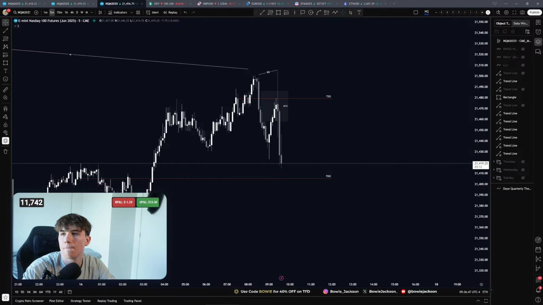Order filled. Taking a little short here, low risk. I really like these lows here.